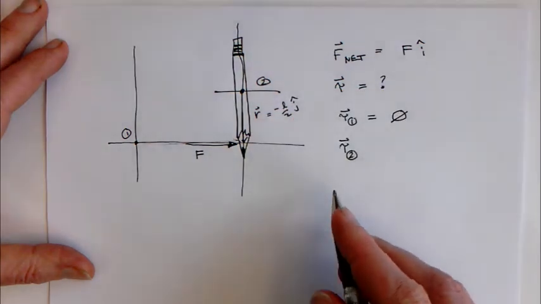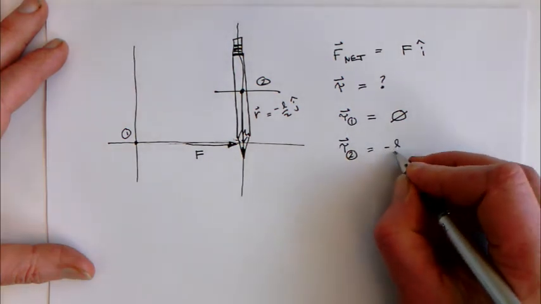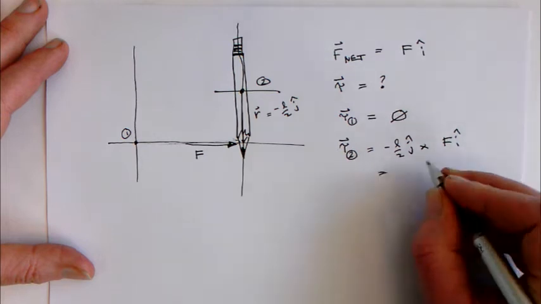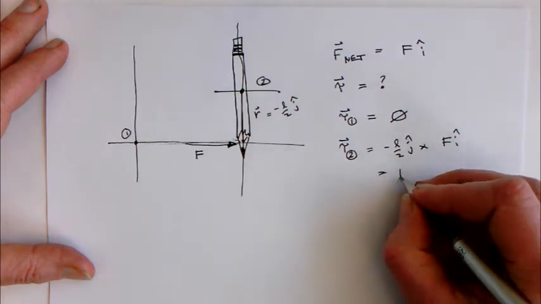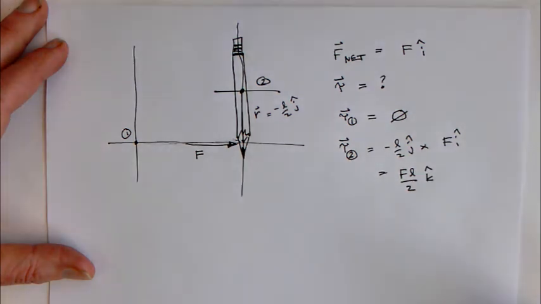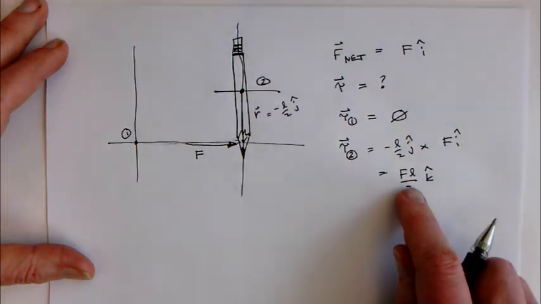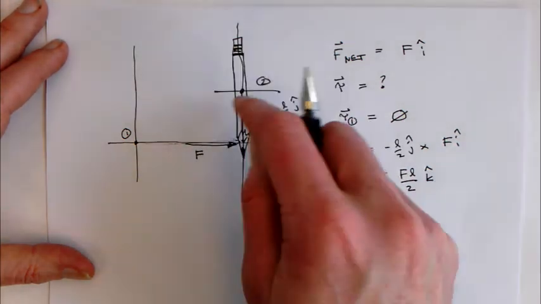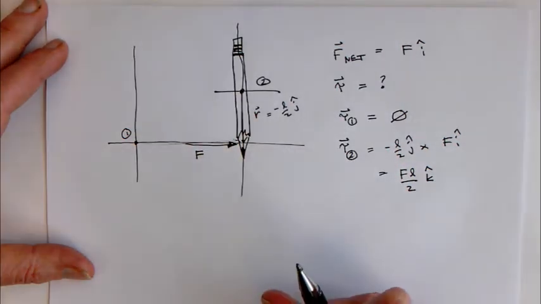So my torque in this case would be minus L/2 j-hat cross F i-hat. j-hat cross i-hat is minus k-hat. So I get F times L/2 in the k-hat direction. Right? Okay, so that seems to give me a torque that says that it would be wanting to rotate counterclockwise, torque coming out of the page.